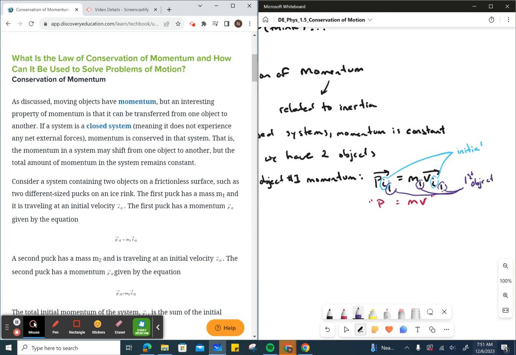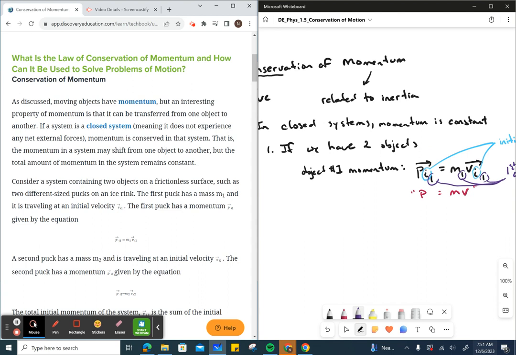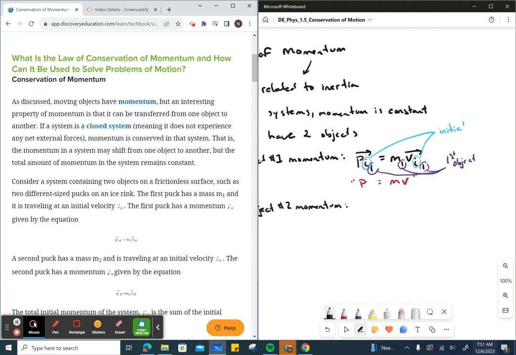Don't let all that writing scare you at all, okay? We can also say that object 2's momentum can likewise be defined with the momentum formula. It too would have an initial.